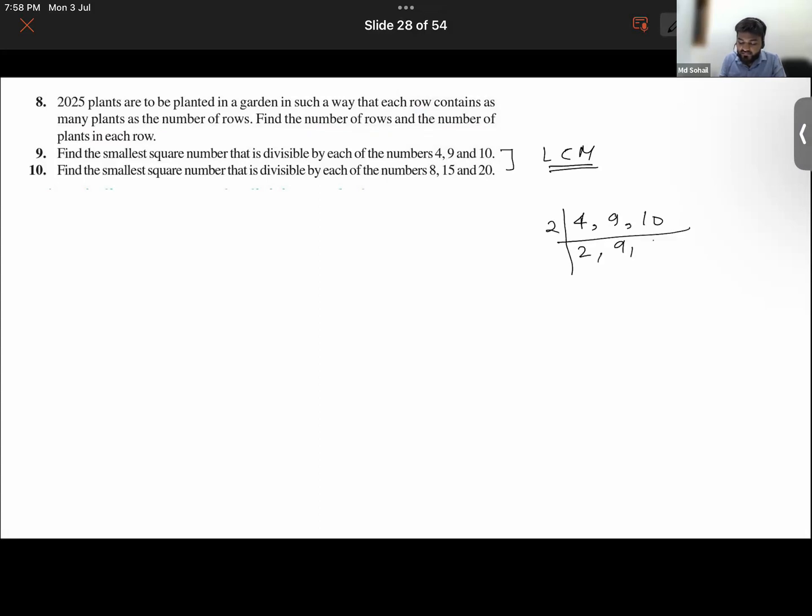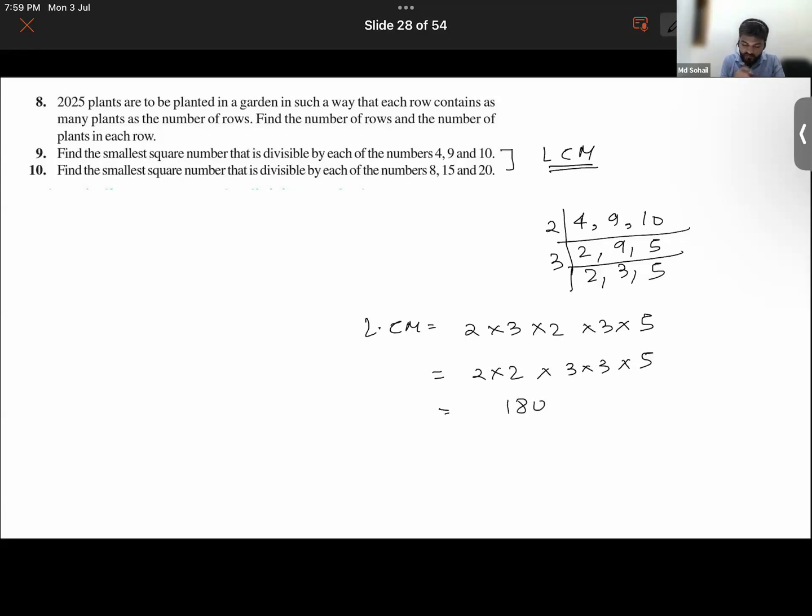Okay, so let's find its LCM. It is 180. So the LCM here is 2 multiplied by 3 multiplied by 2 multiplied by 3 multiplied by 5, or if you were to arrange it, it will look like this. And the product is how much? It is 180.